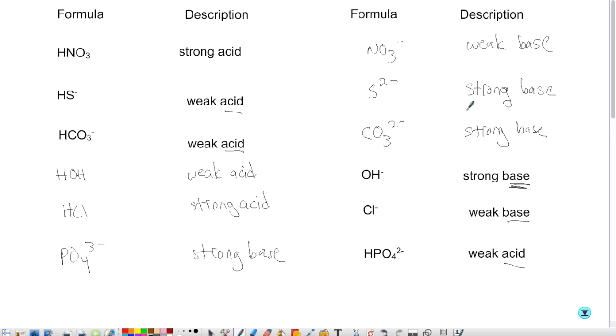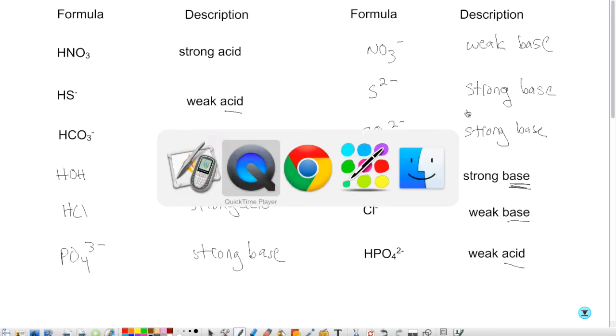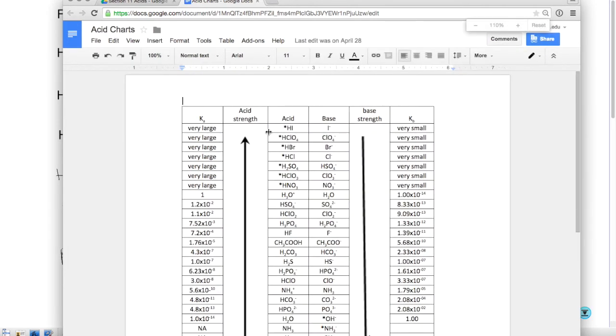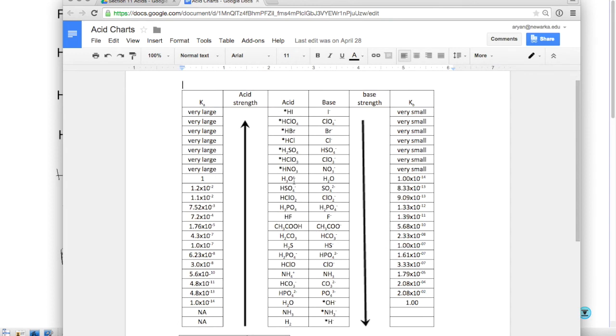Okay, so as it turns out, this isn't just like binary, strong or weak. There's a whole table, okay? There are whole shades of gray here. So once again, pull up this acid strength chart, okay? And we'll see our strong acids up here and H3O+.